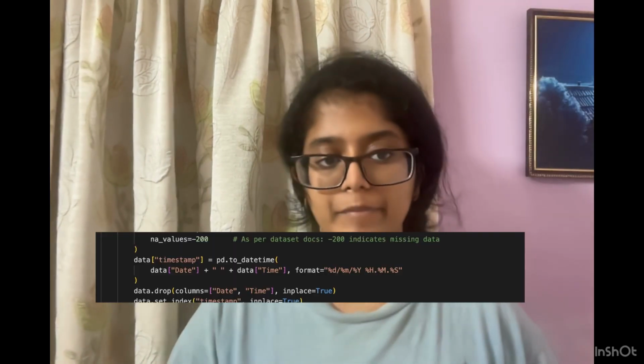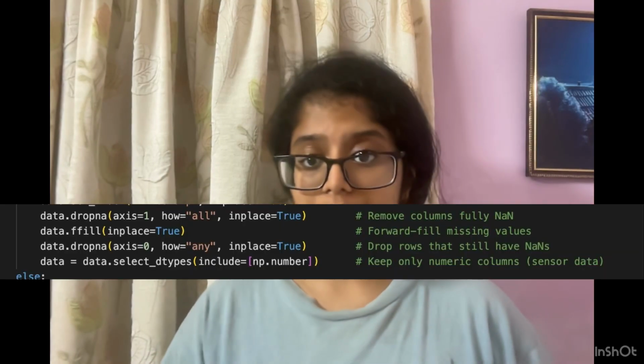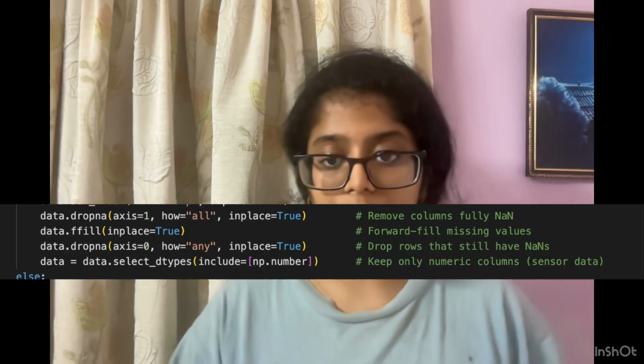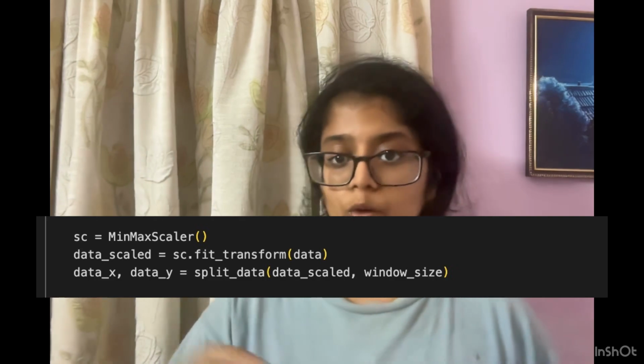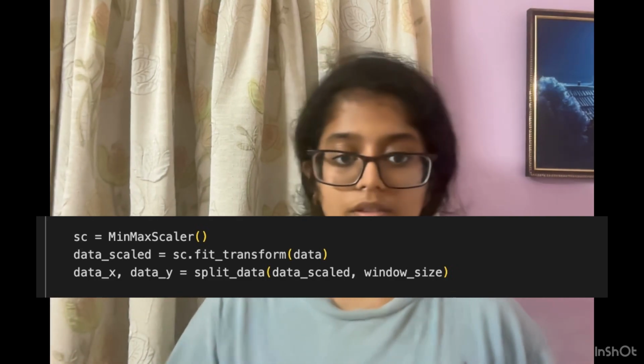Now we do a few pre-processing steps for deep learning. We do parsing, that means merging the date and time into a single timestamp index; cleaning, replacing the -200 values as said earlier with linear interpolation; decimal conversion, changing the comma format to an actual decimal floating point format; and normalization, which involves taking all the data values and fitting them into a 0 to 1 range.